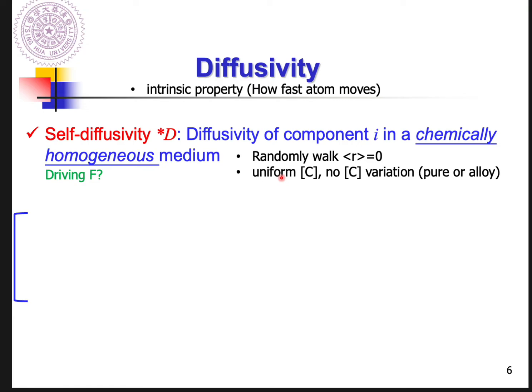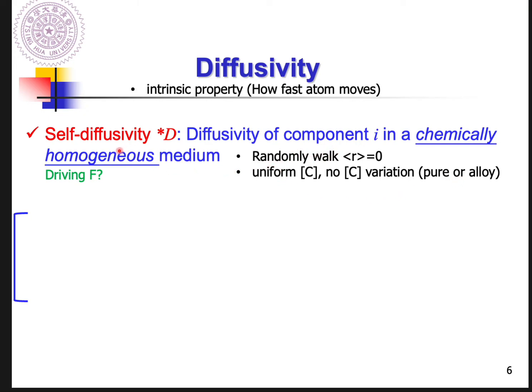So there are no concentration variations in your material. So it can be a pure material, but it also can be an alloy. For example, if you have an AB alloy, as long as the concentration of component A is uniform along this sample, you can still consider this kind of material system.